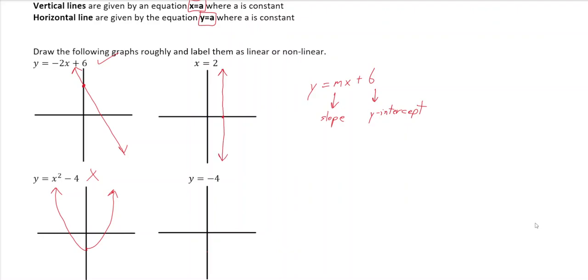Y equals negative 4, if we place that on and we draw that across, y equals negative 4 is always there with any value of x, so they're all three linear relations.